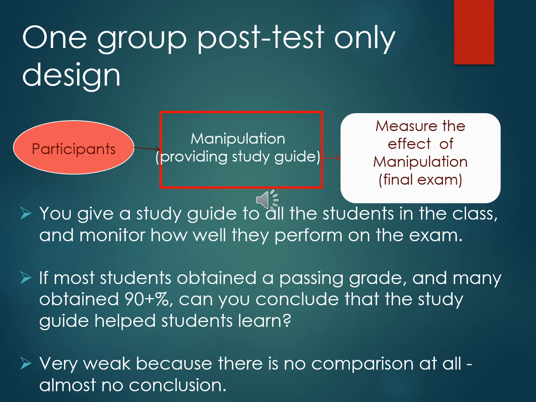This is not a valid conclusion because there is no comparison. It may be completely accidental. This group of participants may be very hard workers and have high academic ability. So you cannot conclude based on this study that the study guide worked. You need some comparison or control condition.